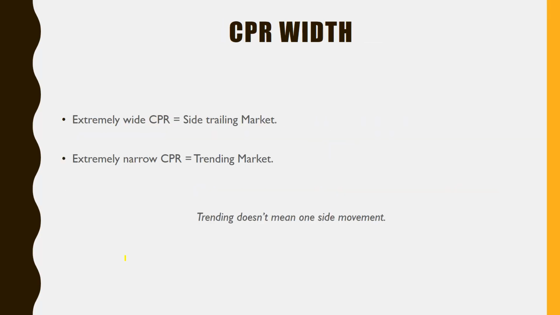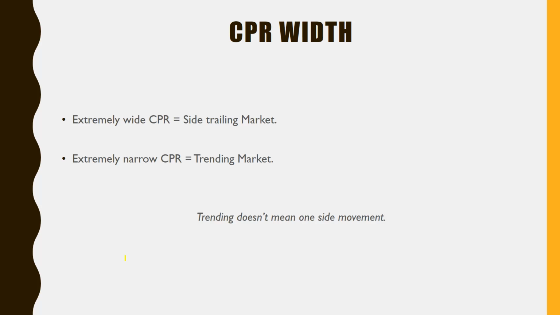So let's understand what CPR width is. In pivot we have resistance 1, resistance 2, resistance 3, support 1, support 2, support 3, and a central pivot line.